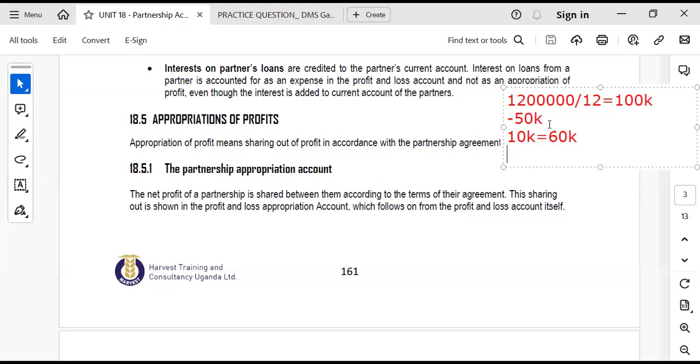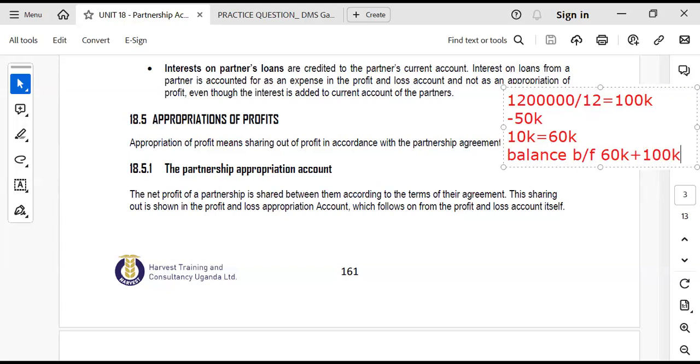If you are closing the year, we are going to carry forward the 60,000, and in the next period, whether it's your current account or your capital account, it is going to show an increased value of 60,000. The new value will be 60,000 plus the original capital, which is 100,000.